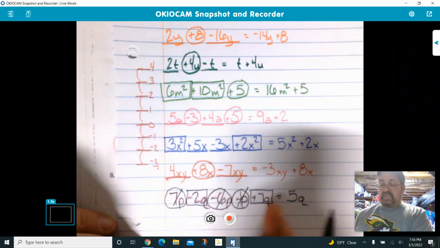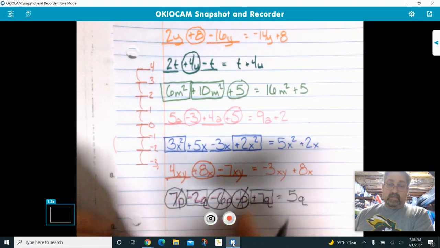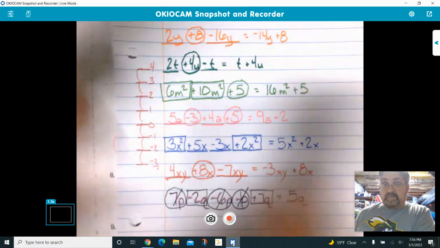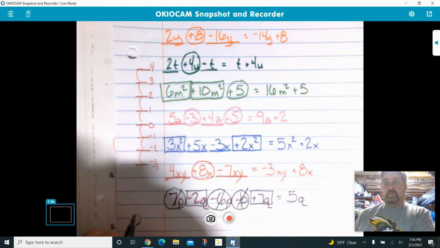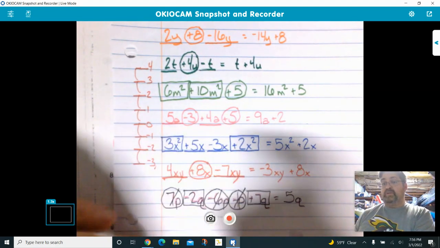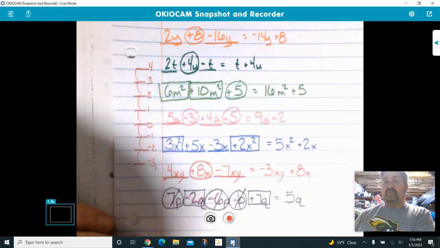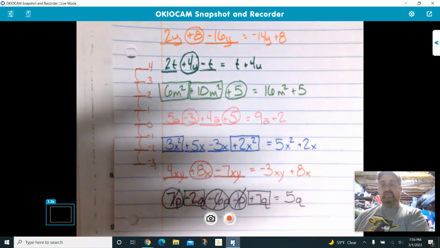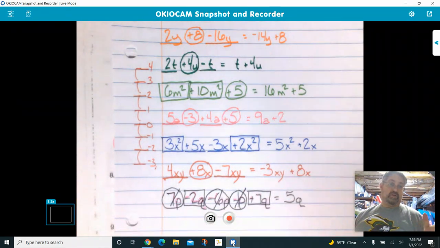If your numbers take themselves out of the equation, if your numbers delete themselves, then they're gone. We don't even need to worry about it. We don't have to put 0p plus 5q. The p is just gone. So don't even worry about it. 5q.